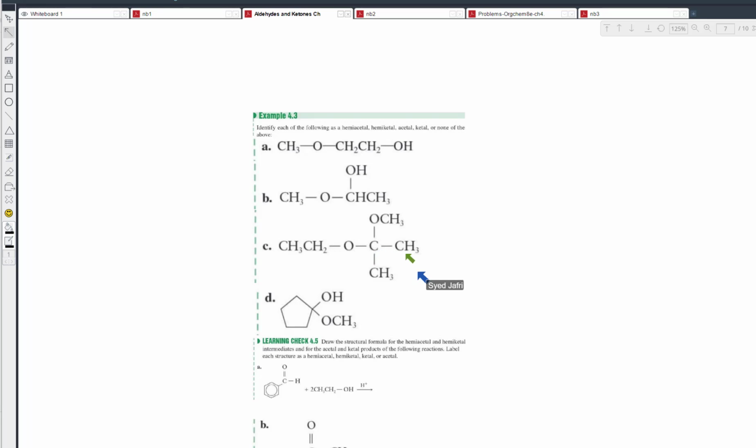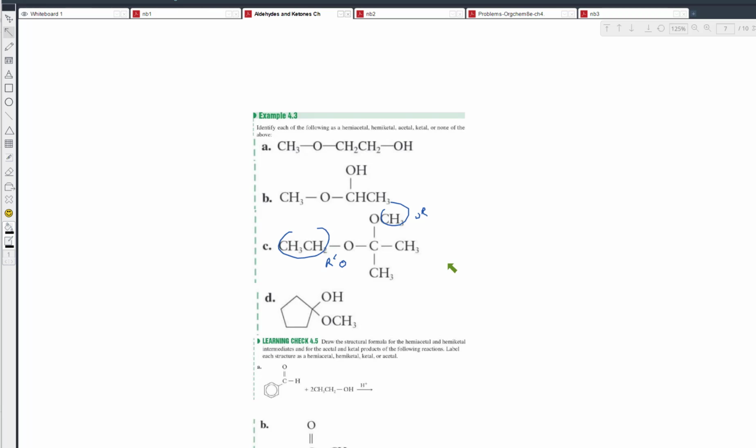No, it is going to be ketal. Why? Of course, the groups are different, but still it is OR. This is the radical, this is the radical. So basically the radicals are different, OR dash and OR, but still they are ketal.